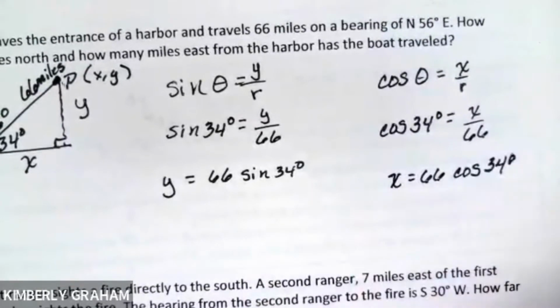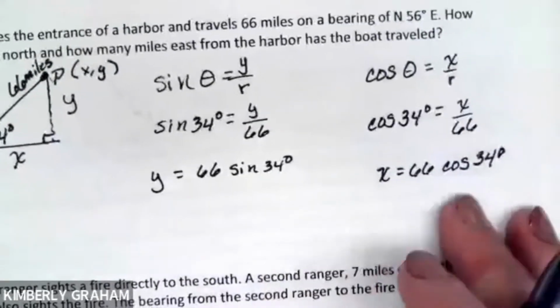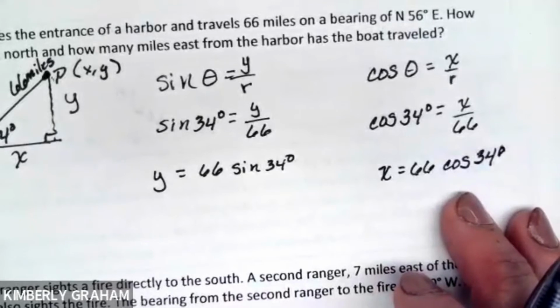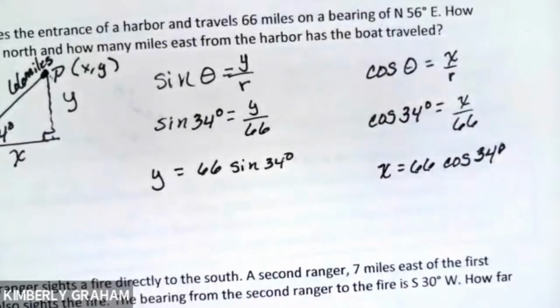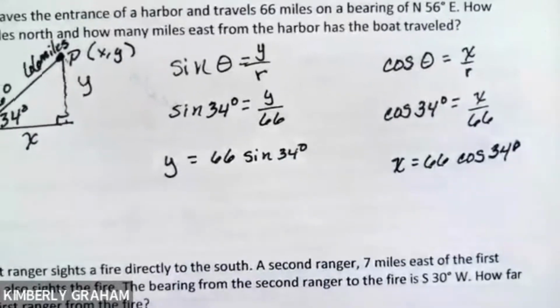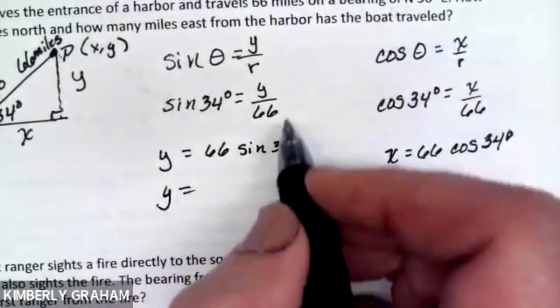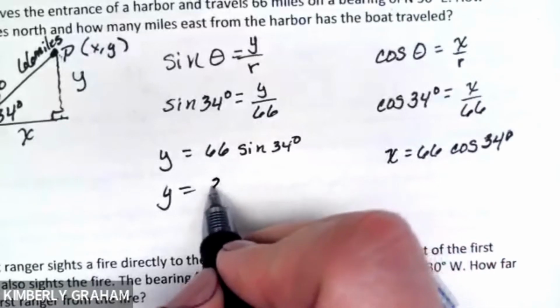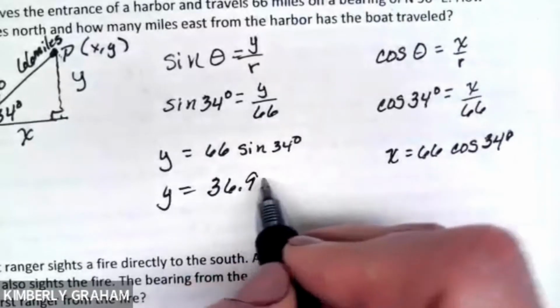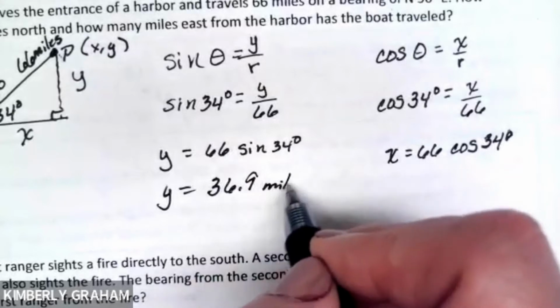So now you know the exact values for x and y. If you wanted to estimate this, and I think your directions will ask you to round to the nearest tenth, then you just put this into the calculator. Here you're going to get 36.9 miles, right?